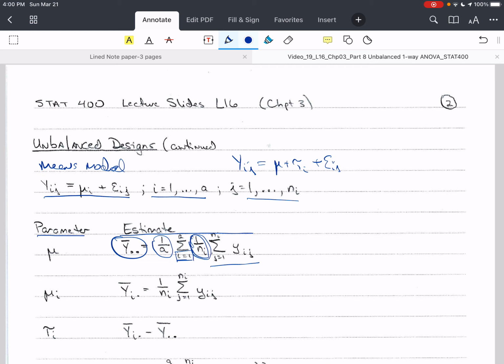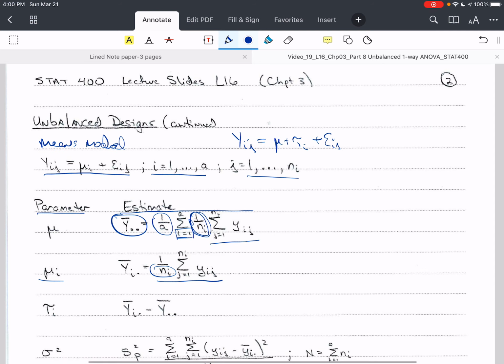Then we calculate the next treatment level mean. Yes, it is a mean. And then we do that for each value of i, and in the end we divide by a. For the ith treatment level, mu sub i, we have 1 over n sub i, and j goes from 1 to n sub i of Yij, so we're summing that.